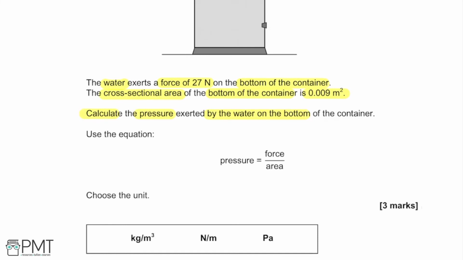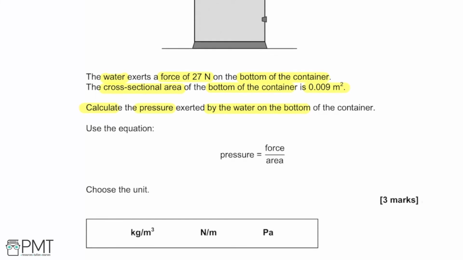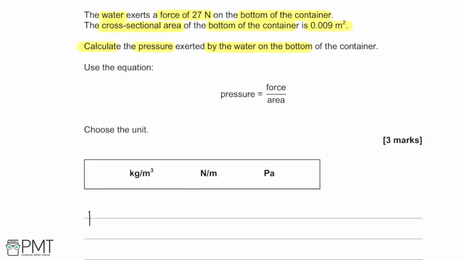So I'm going to start off here by using the equation. We're trying to work out the pressure exerted on the bottom of the container by the water. So we need the force that's exerted on the bottom of the container by the water, which we can see in this line here, we have a force of 27 newtons. So I'm going to write that down. I'm going to make sure I include the units, because working with the units throughout is going to help us work out what they need to be at the end.